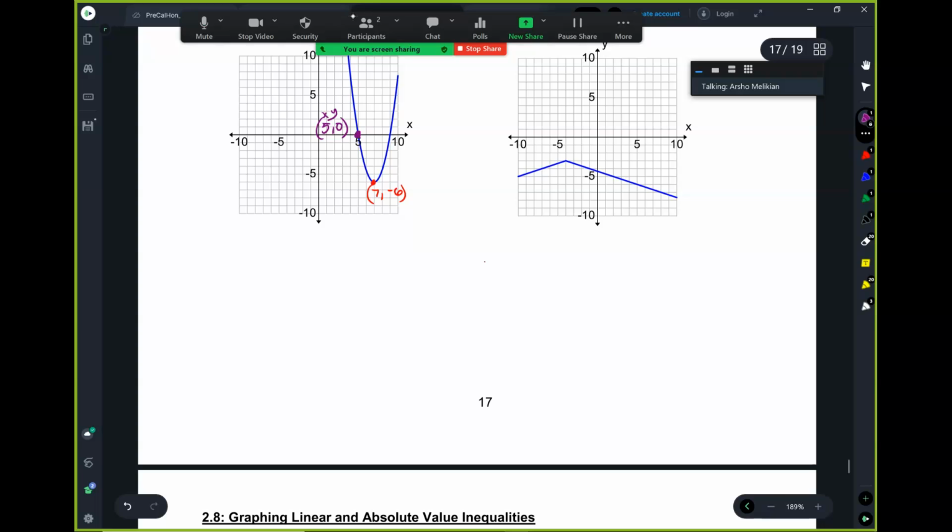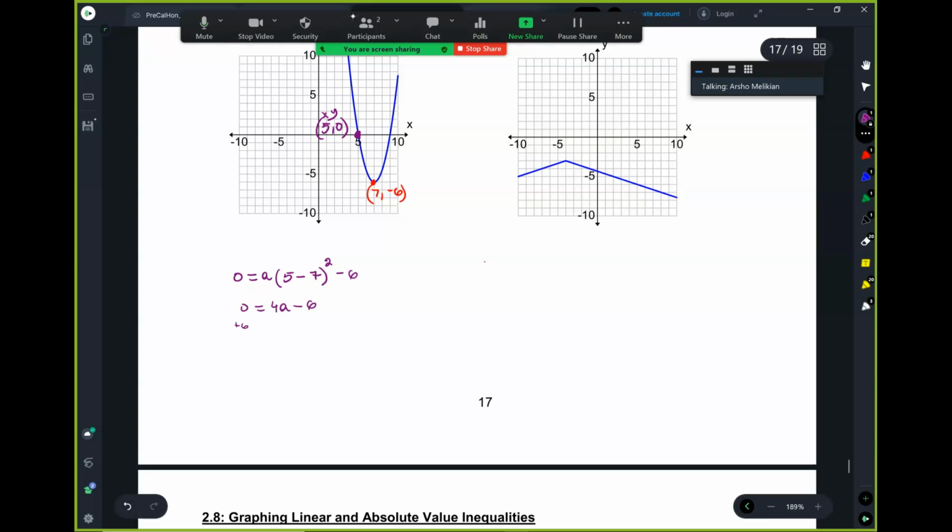So f of x, which is y, 0, is equal to a (x minus h) squared plus k, which is negative 6. So we just do negative 6. Okay? All right, so 0 equals a times 2 squared, that's 4a minus 6.